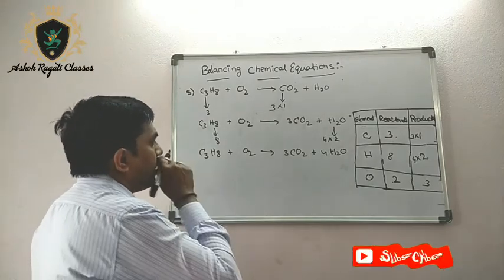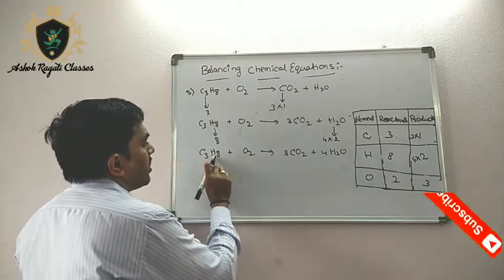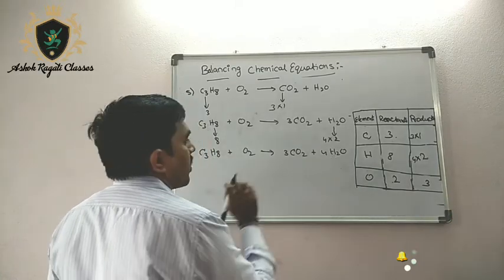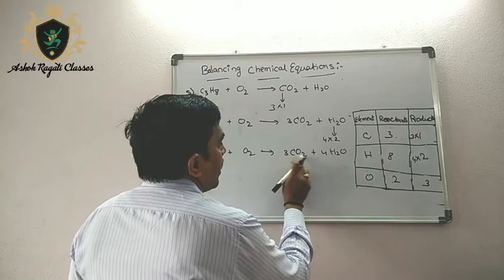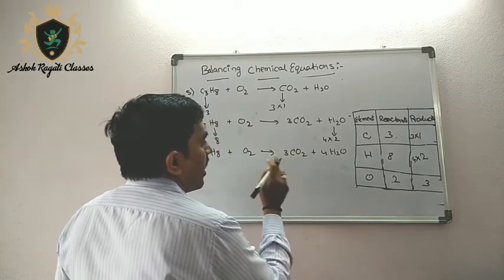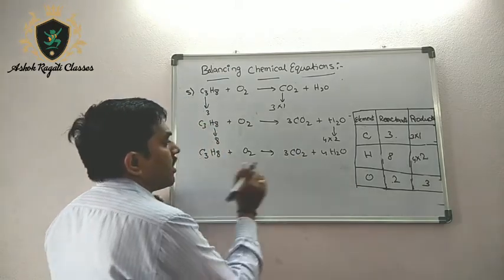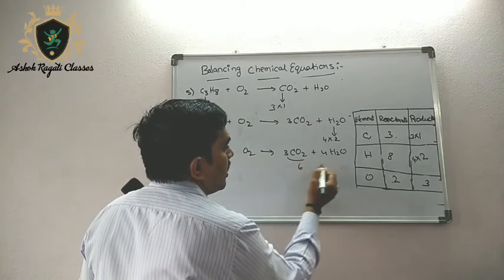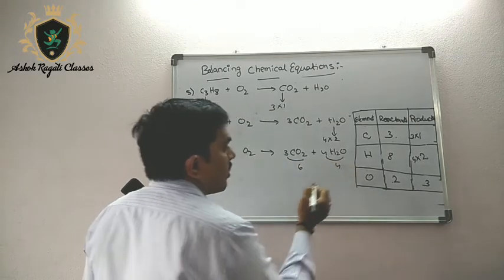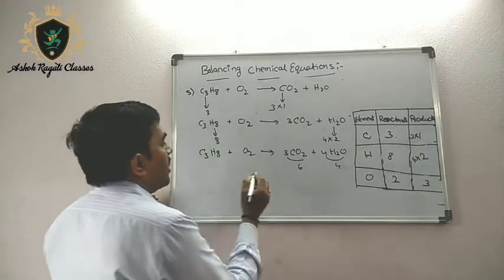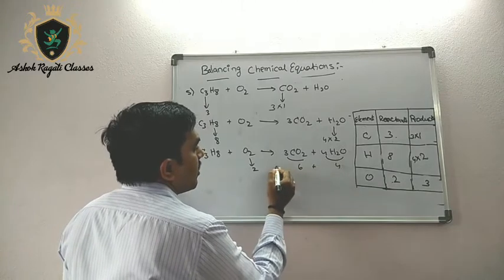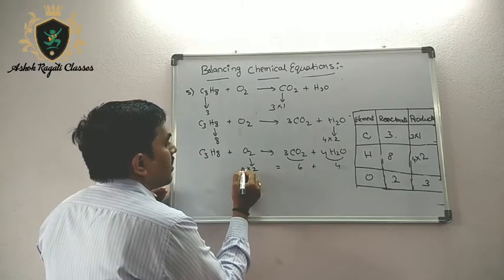Now check it once. How many hydrogens are there? 8 hydrogens. Okay. Now see the oxygens. Carbons are balanced, hydrogens balanced. Now oxygens. 3 2s are 6 here, 4 1 is 4. Total is 10. Here how many are there? 2. So how does it become equal to 10? By multiplying with 5.